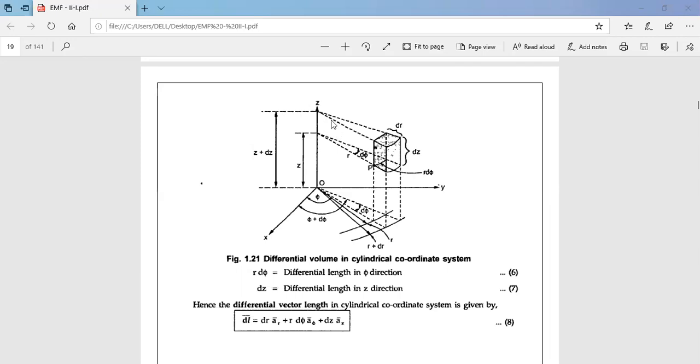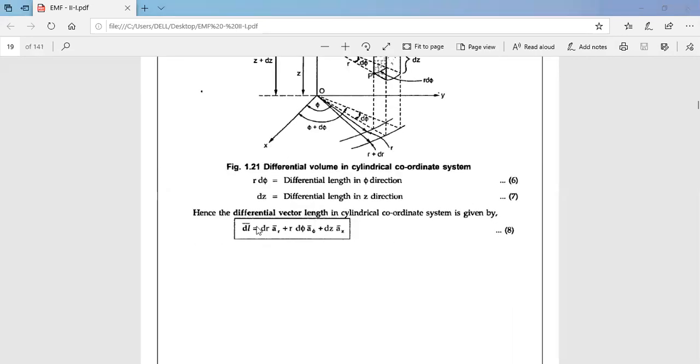This surface here is coming from here, looking into that. So what is it in? It would be aR. And this one is going like this, looking like that, so it's going to be in the aZ.